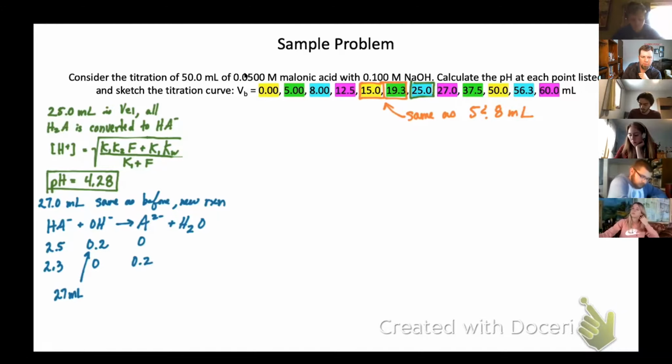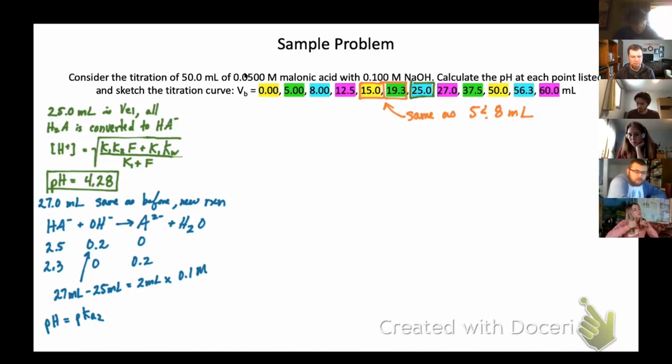This 0.2 millimoles is coming from the math here that I show: 27 milliliters minus the 25 to get to the first equivalence volume is equal to 2 excess milliliters times its concentration, which gives me 0.2 millimoles. Okay.